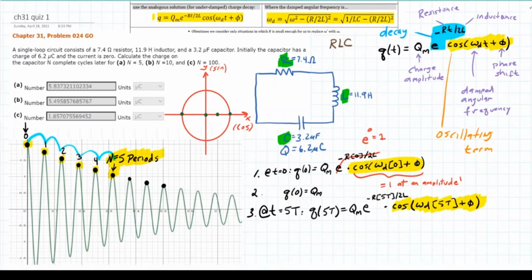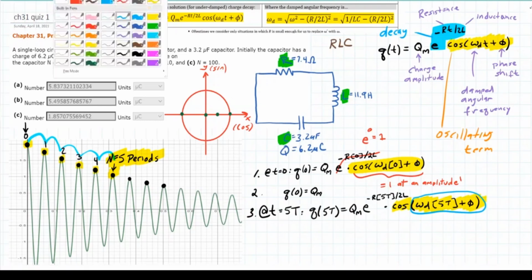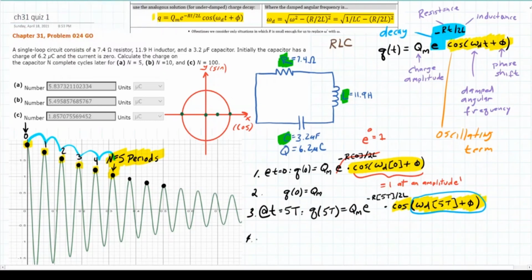Whatever this argument is here, I don't care what that is, because cosine of whatever that is equals 1, because I'm at a maximum point. Okay, so number 4. All right, so after 5 bounces, what do I have? I have Q sub M, and here's my low-hanging fruit.